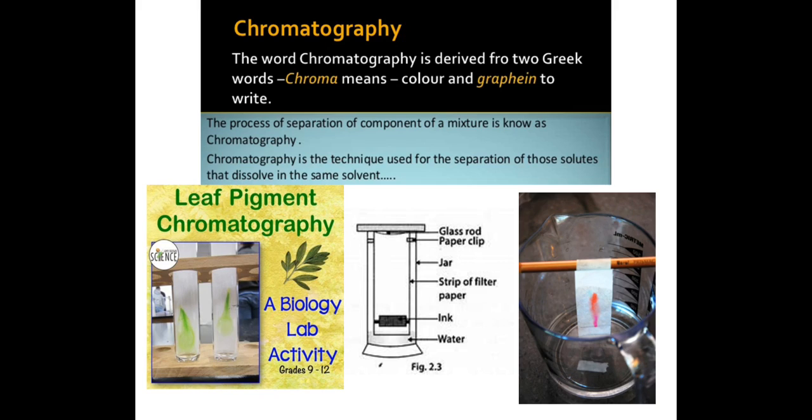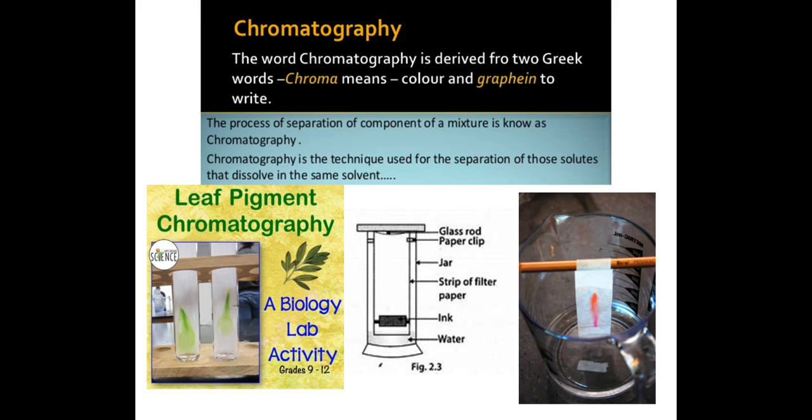So a simple activity, you can see that. What you have to do is take a piece of filter paper, draw a line on that, and on that line simply put a drop of ink. Then using this pencil, like shown in this figure, with sellotape you hang this filter paper in such a way that the bottom part of the filter paper touches the surface of water.